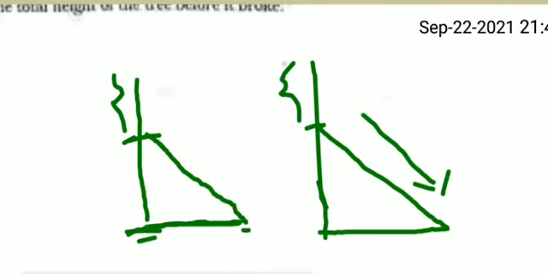This one is broken like this, and this one is broken like this. So suppose this point is A, this one is B, this one C, and this one D.